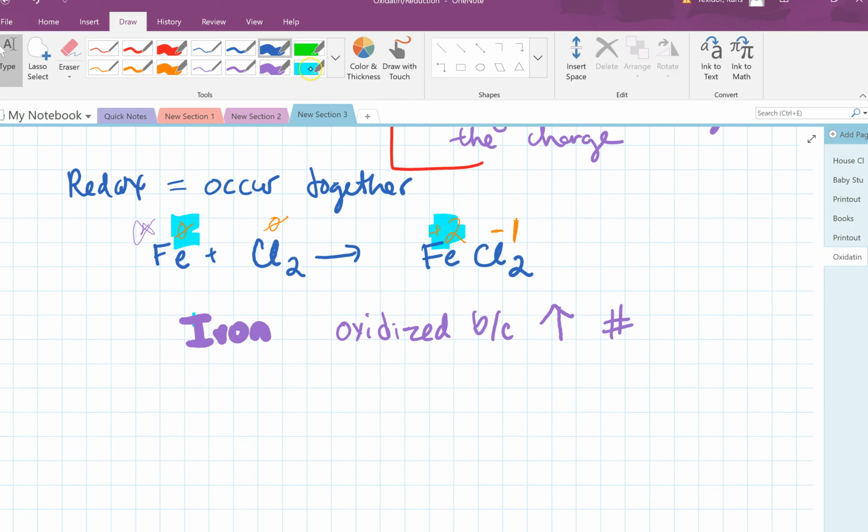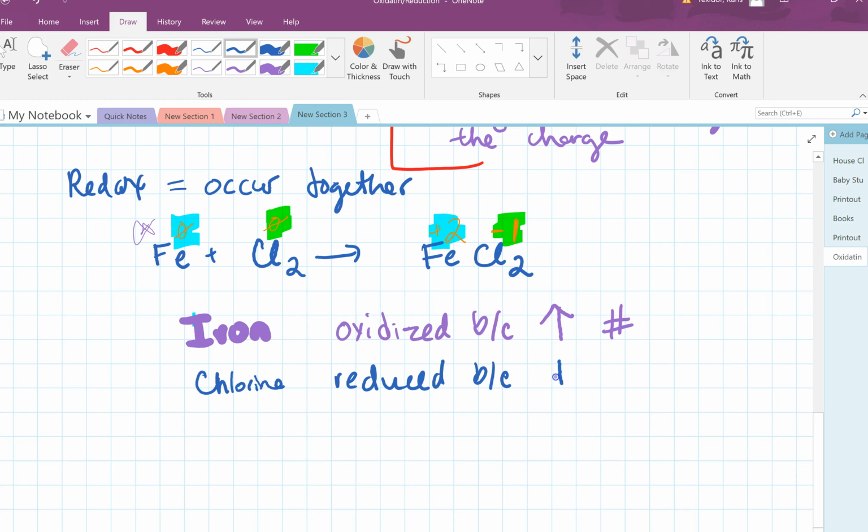The chlorine went from 0 to a -1. Therefore, the chlorine was reduced because the number decreased, aka was reduced.